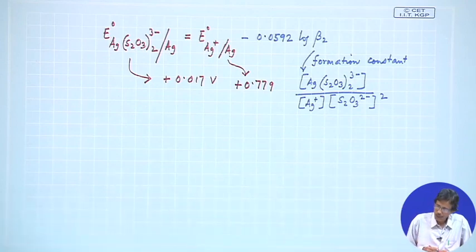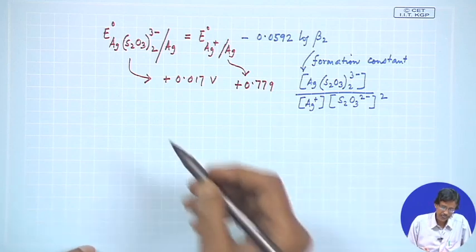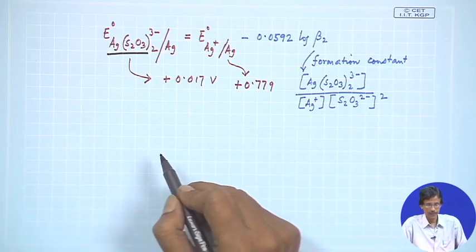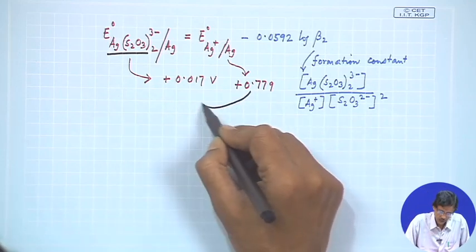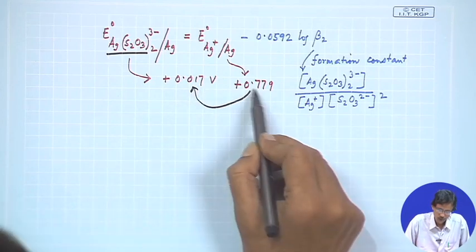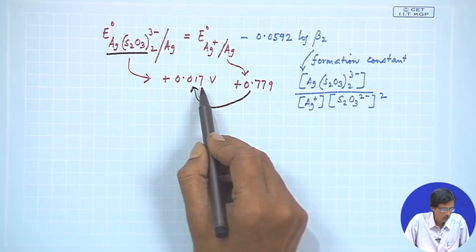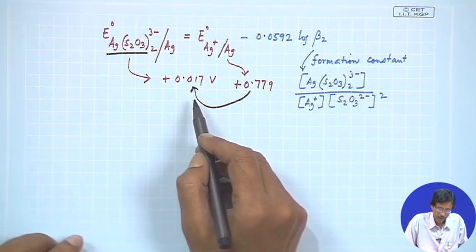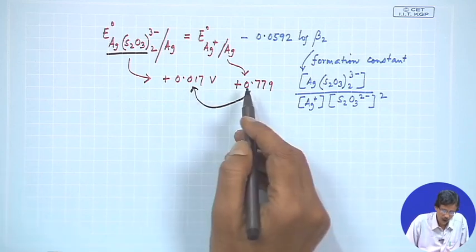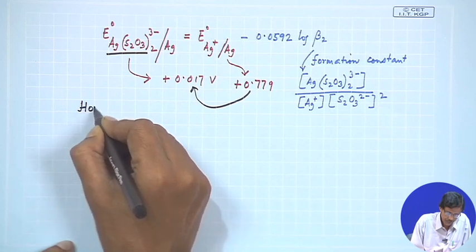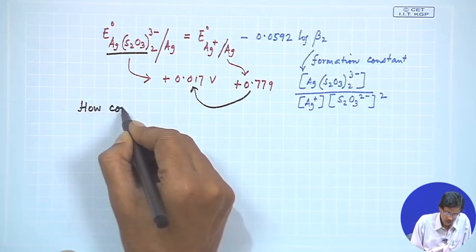Due to complex formation, our basic intention is to reduce the free silver ion concentration in the medium. So, complexation can reduce the potential value from 0.779 volt to 0.017 volt. That is good information on how complexation can help us for any reaction.